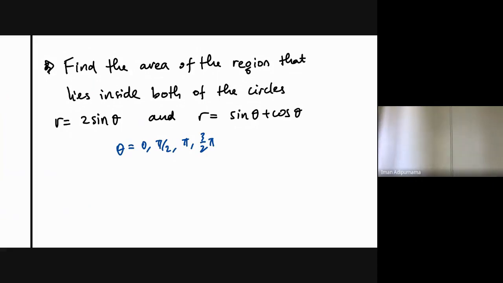So first, after you get the idea what the circles look like, the next thing is the region inside both of the circles. Probably the circles will have intersections, right? So you need to find that intersection. The intersection will help you define which area you want to observe. Okay.